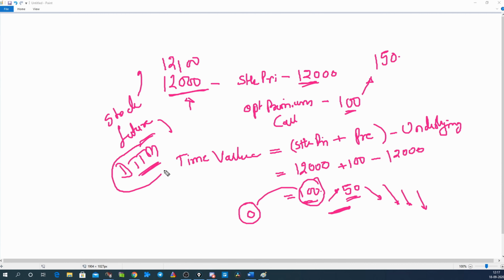You have to pay much less, and at the same time this time value is also low. So even if your stock does not move much, the time value loss is not that big. There are advantages of buying deep in the money call or put options.